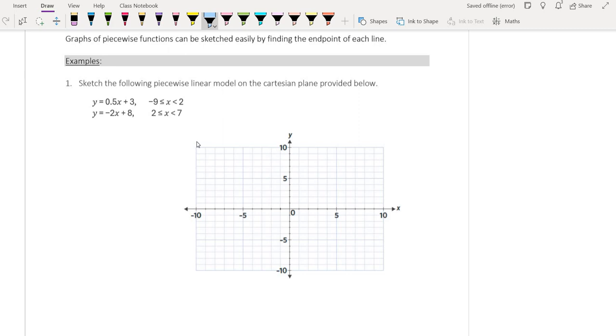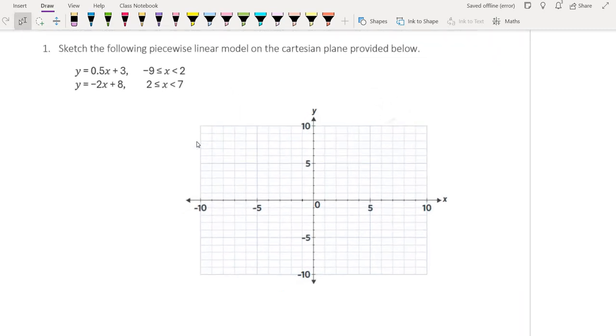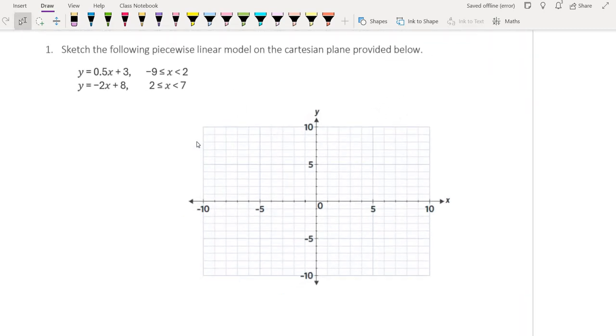As you can see, to sketch this piecewise graph, there are two parts and two equations, one making each part of the piecewise graph.